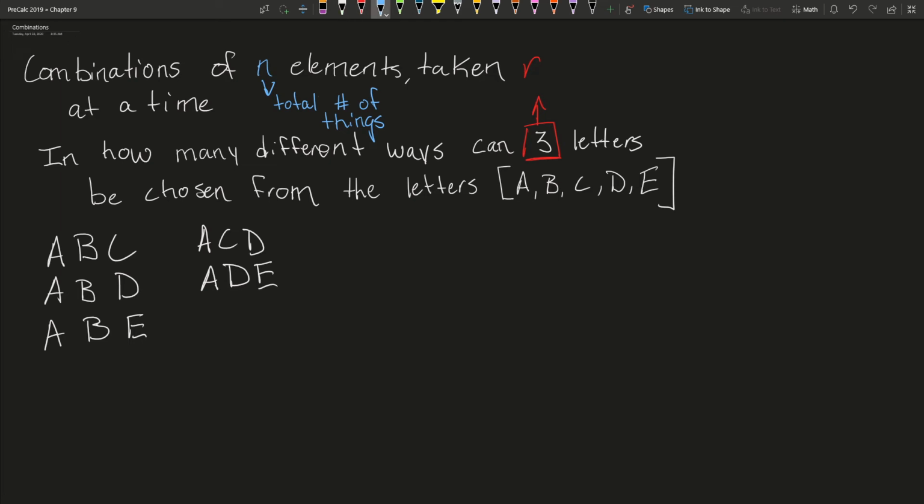Then we can have B be the first. So BCD, and actually, I'm going to do BCE first. Then BDE.